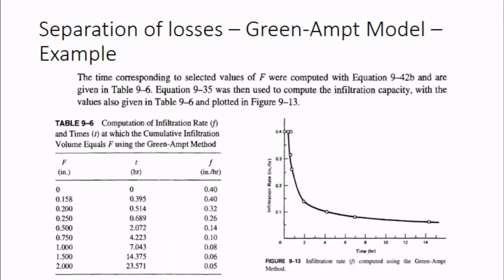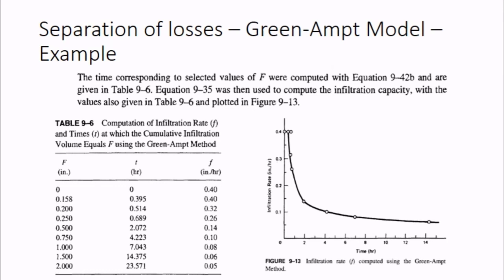Okay, so cumulative computation of infiltration rate F and times T at which cumulative infiltration volume equals F using Green-Ampt model. So, ayan, ito yung mga time natin in hours. So, time 0, the 0 depth. 0.395 yung time.